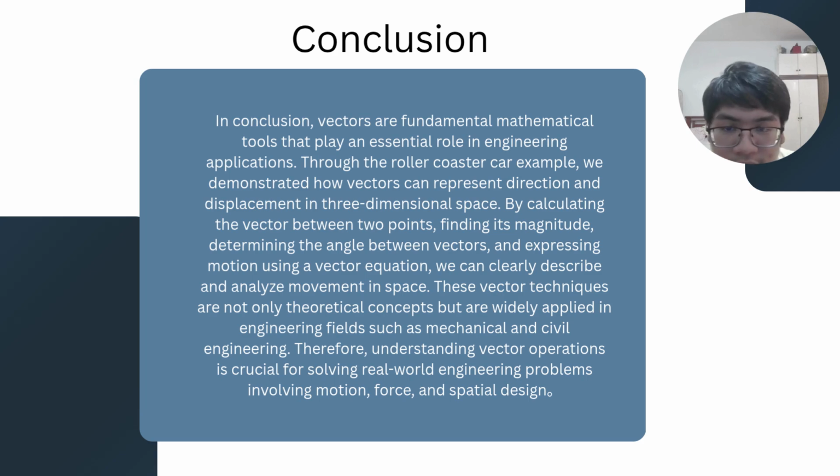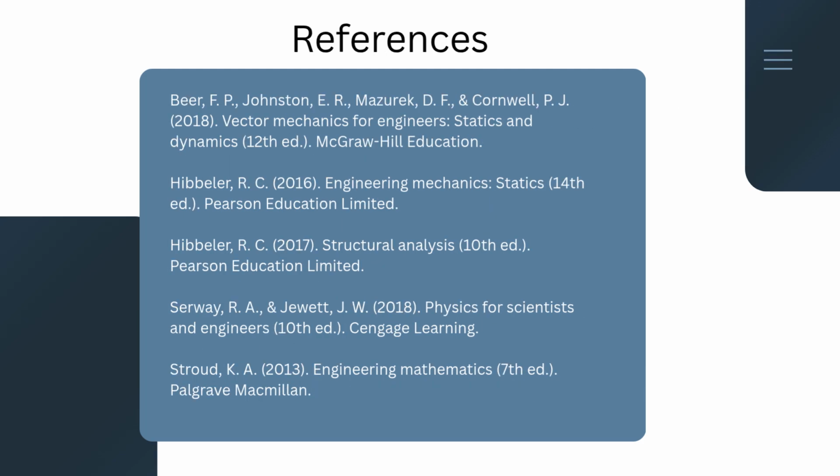These vector techniques are not only theoretical concepts but are widely applied in engineering fields such as mechanical and civil engineering. Therefore, understanding vector operations is crucial for solving real-world engineering problems involving motion, force, and spatial design.